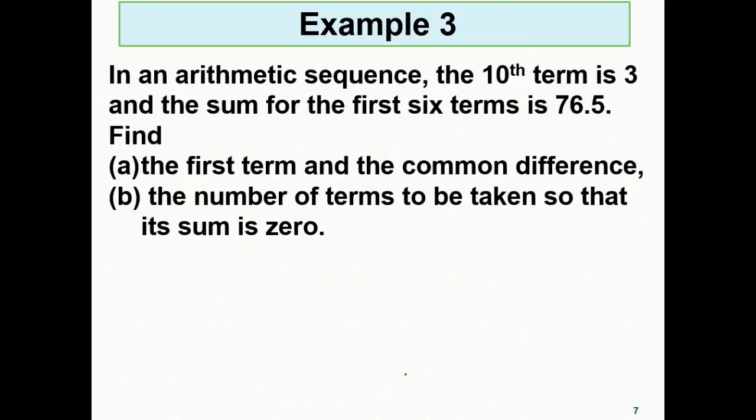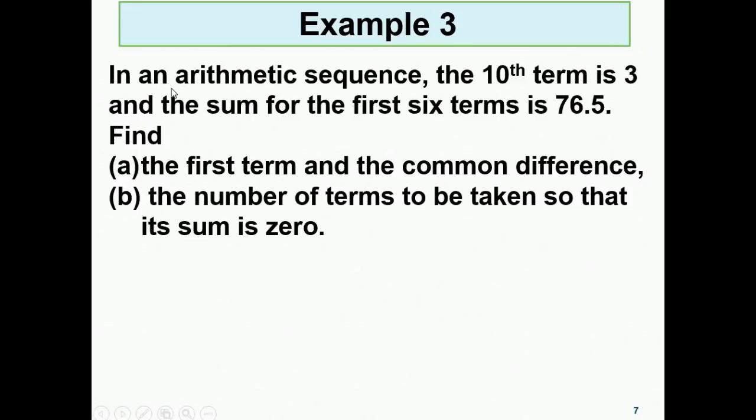Now proceed to example 3. This is the combination of lecture 1 and lecture 2 for subtopic 3.1 because we have Tn and Sn here.